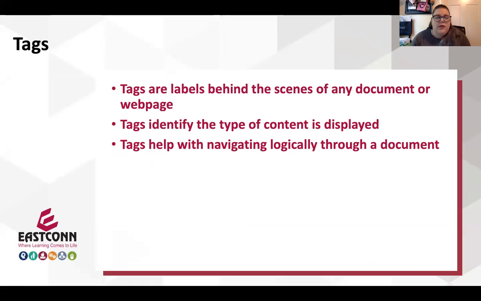We also touched upon tags. Tags are the labels behind the scenes of any document or web page, and they identify the type of content being displayed. Tags also help with navigating logically through a document, and you will see how evident that is when we get through the PDFs.